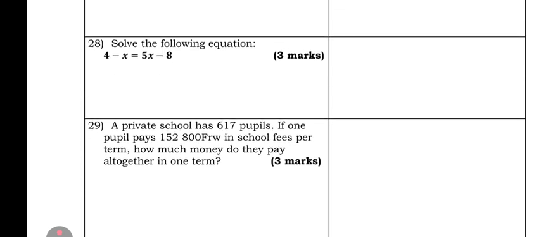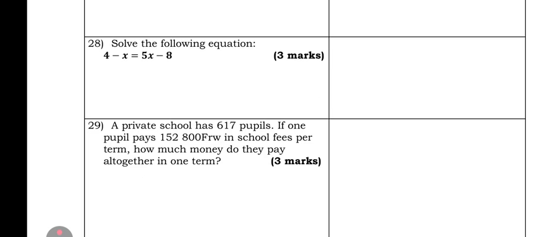The first is this 28, a very easy question. Solve the following: 4 minus x is equal to 5x minus 8. Collect like terms together, where you will take 4 to the other side. If it is positive, it will become negative when it crosses the equal sign. And then this 5x will turn to x.